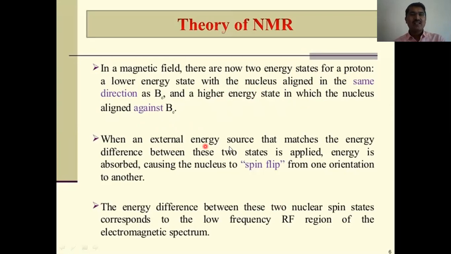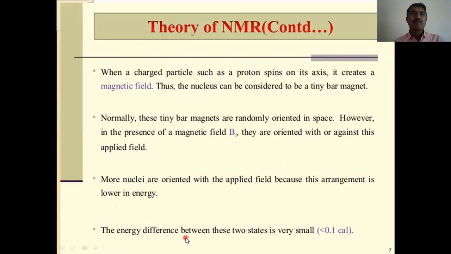When an external energy source that matches the energy difference between these two states is applied, energy is absorbed, causing the nucleus to spin flip from one orientation to another. The energy difference between these two nuclear spin states corresponds to the low frequency RF region of the electromagnetic spectrum.